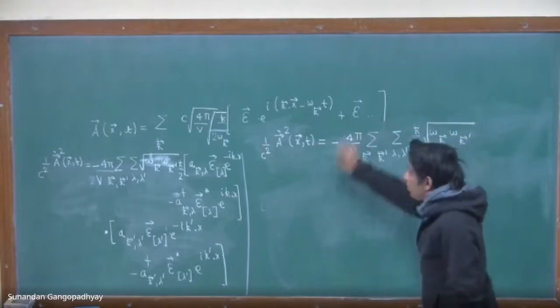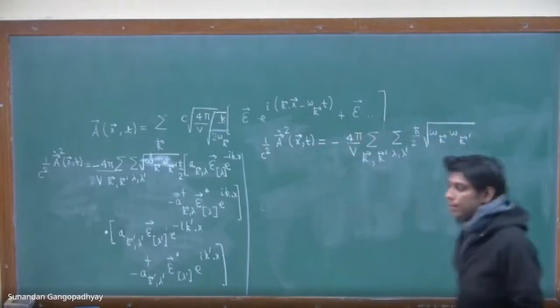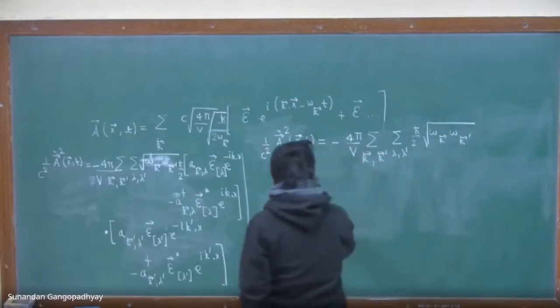So these are all the factors, and then we just need to multiply this thing. So that will be straightforward.